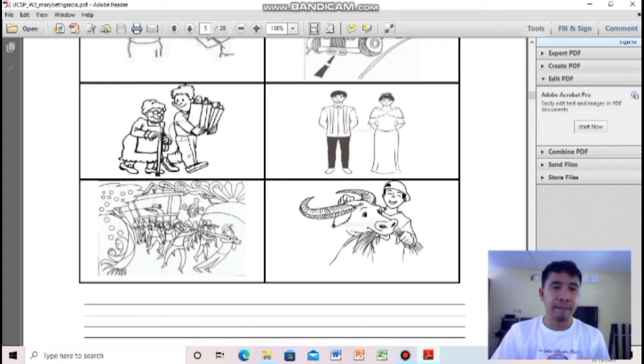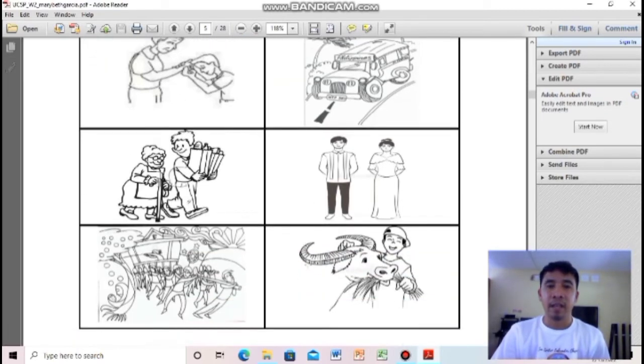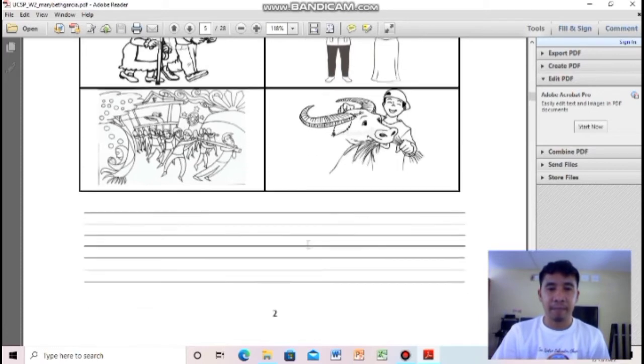And this fifth picture shows the bayanihan, spirit of bayanihan. And this one is showing the picture of a carabao, which is our national animal, upod ang ini nga bata nga lalaki nga nagapakaon sang carabao. So try to write your impressions about these pictures and put that in a separate sheet of paper.